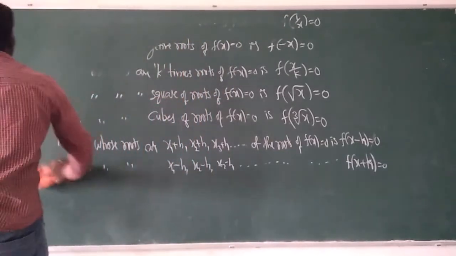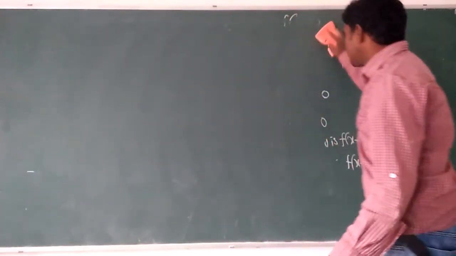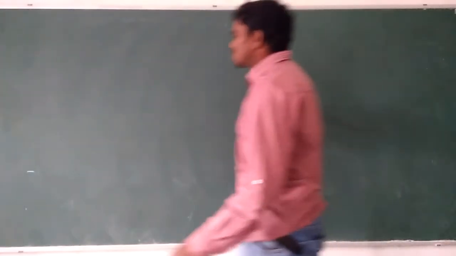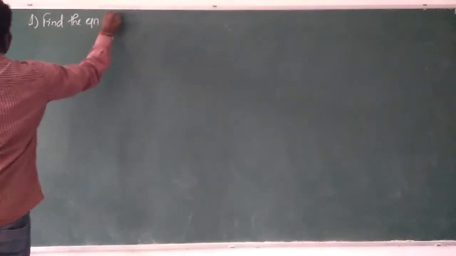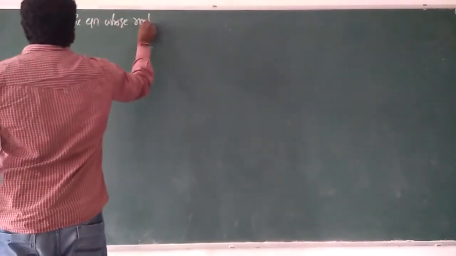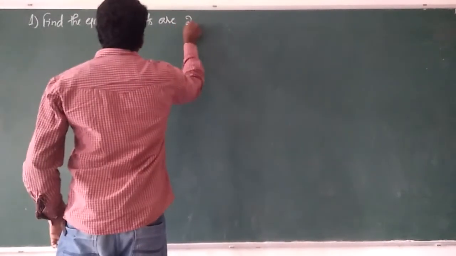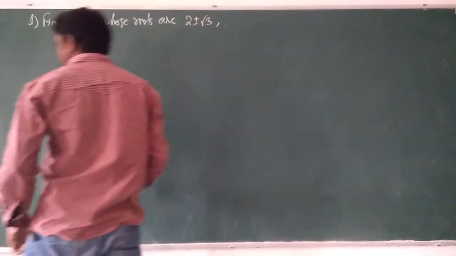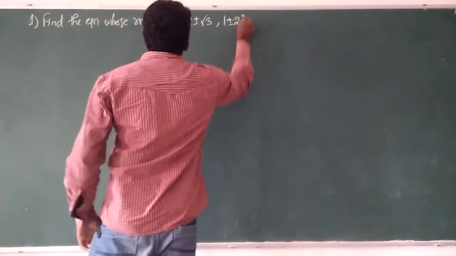Okay, so in this part 3, based on these concepts and key points, we solve 2 marks questions. So the first one is: find the equation whose roots are 2 plus or minus root 3, 1 plus or minus 2i.